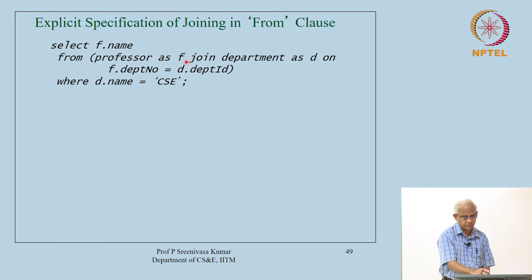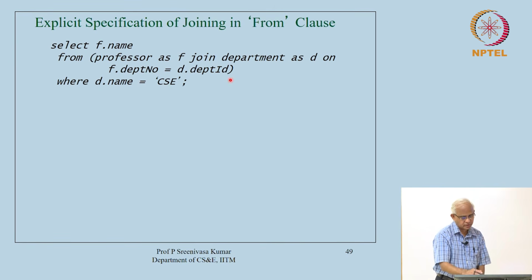So, professor as f join, this is a keyword join, department as d on, this is also a keyword, and the join condition, and then you go ahead and give the other conditions. This is how the same query can be alternately expressed, but we do not routinely recommend this kind of thing to be done.